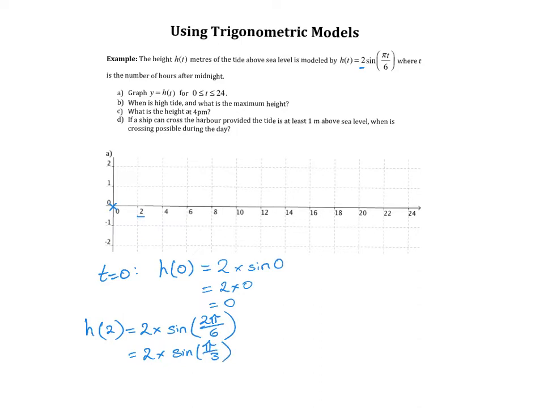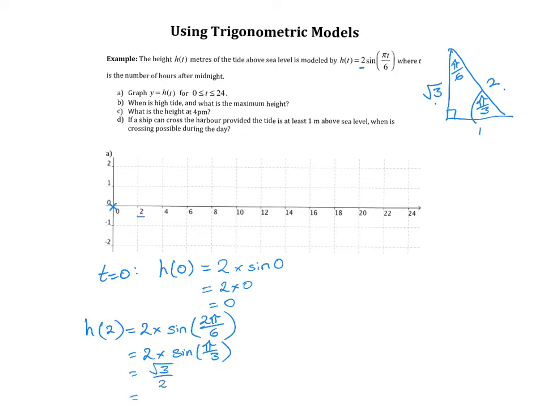Now, sine of pi on 3 is, if we use our exact value triangle, so we've got pi on 6 up here, pi on 3 down here, 1, root 3, 2. So pi on 3 is opposite over hypotenuse, which is root 3 on 2.